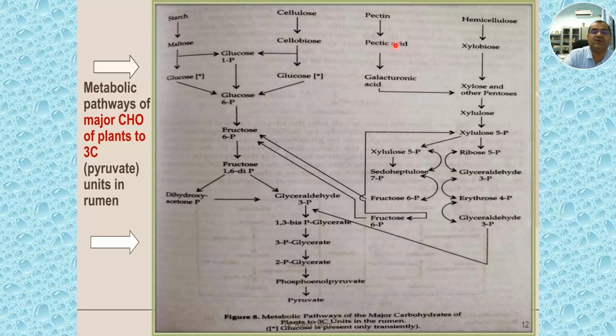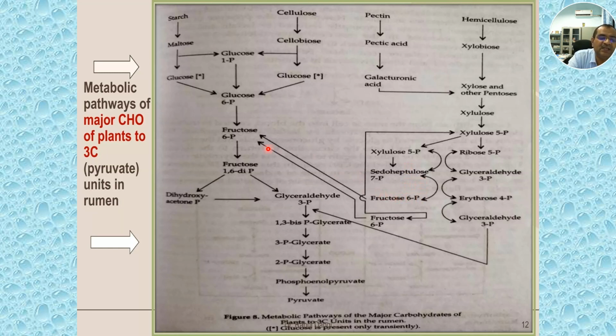So pectin is converted to pectic acid, then to galacturonic acid, then galacturonic acid is converted to xylose and other pentoses. At the same time, the hemicellulose is converted to xylobiose, then to xylose, then the same type of pathway: xylose 5P, then xylose 5P is converted to pseudo heptose, then fructose 6 phosphate.